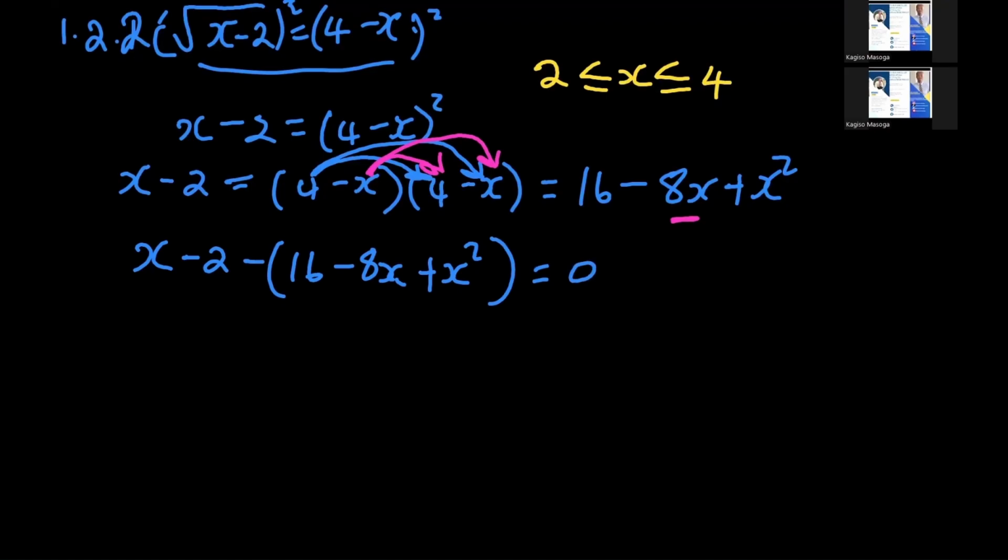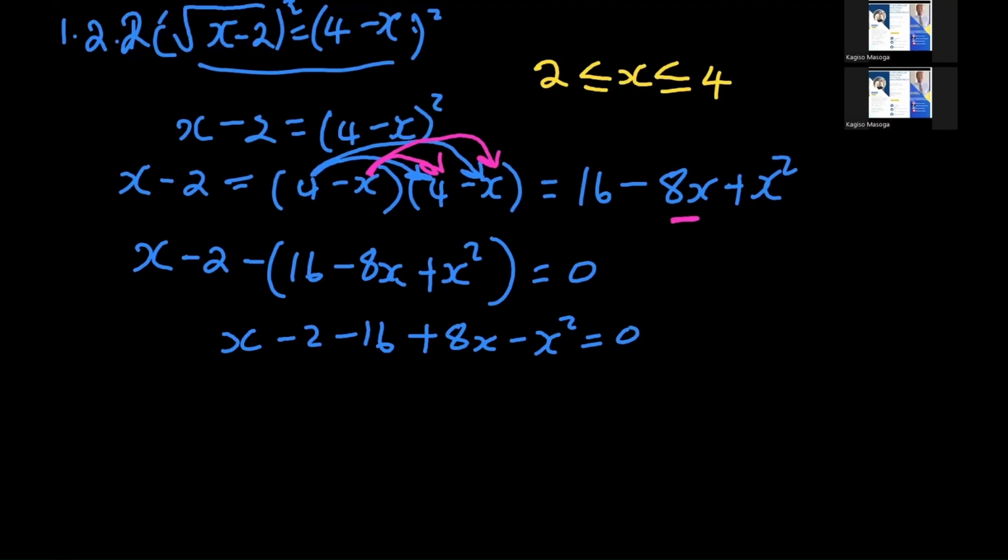Now let's simplify this. So we'll have x minus 2 minus x plus 8x minus x squared equals 0. This is what we have here.